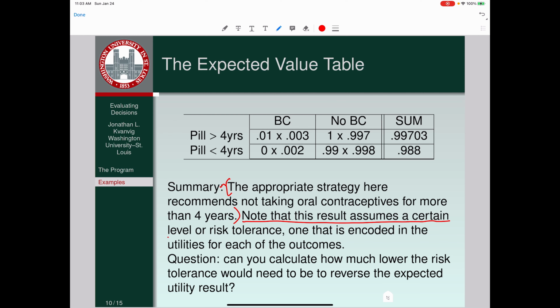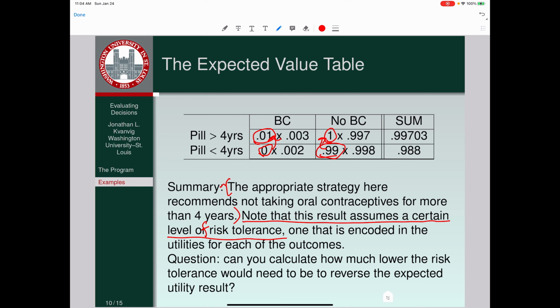This result assumes a certain level of risk tolerance, one that's encoded in the utilities. So the 0 and 1 is fixed, but the question is, how close are the other two to these extremes? We made a certain assumption when we got that, and maybe that assumption is mistaken.